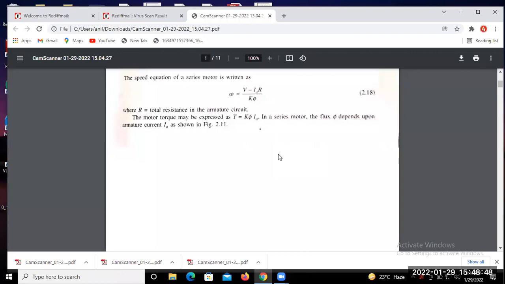So we can say that the flux is directly proportional to the armature current.